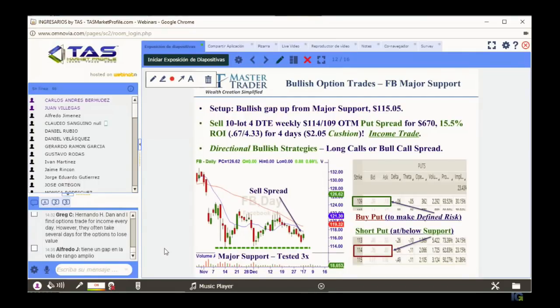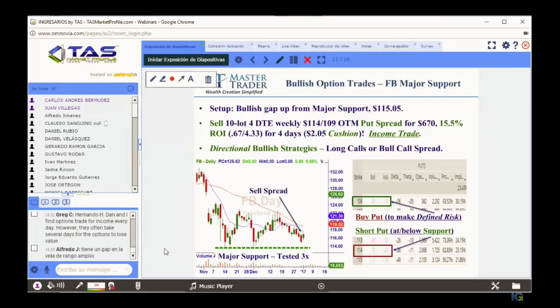One, it makes the maximum loss less in case of a total disaster, gap down against us. And secondly, it requires less margin than selling puts naked.